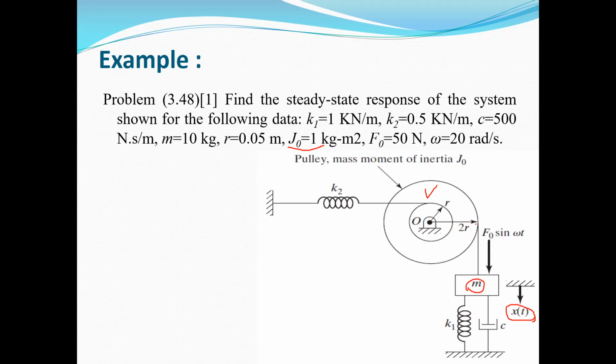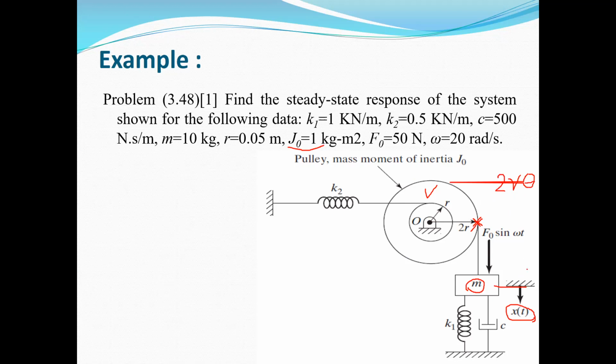If we assume that the displacement of this point is xt and it's equal to the displacement of the particle with mass m, then we can find the relation between xt and theta, because here we know that the displacement of this point is equal to 2 times r times theta.